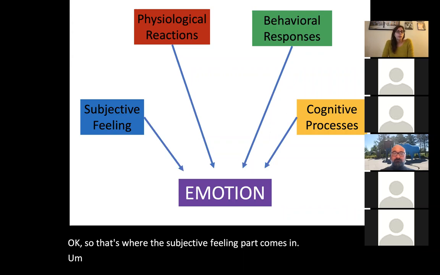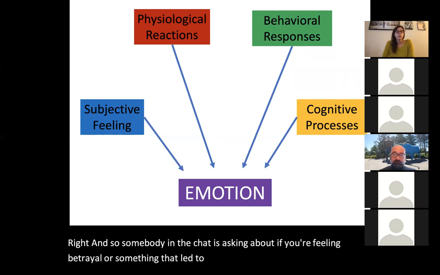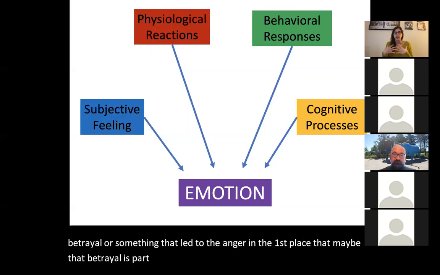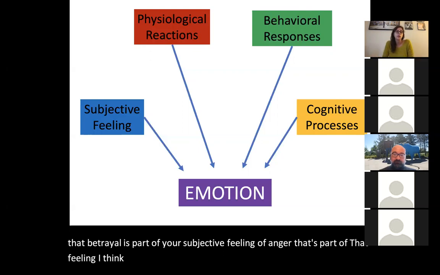Somebody in the chat is asking about if you're feeling betrayal, or something that led to the anger in the first place, maybe that betrayal is part of your subjective feeling of anger. I think it totally could be if it's varying from person to person.